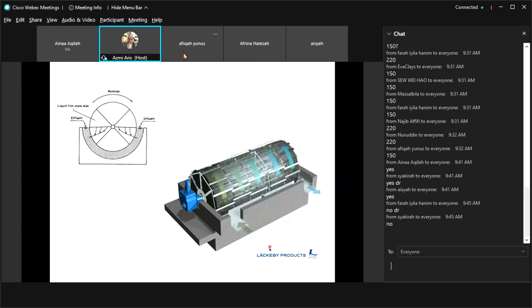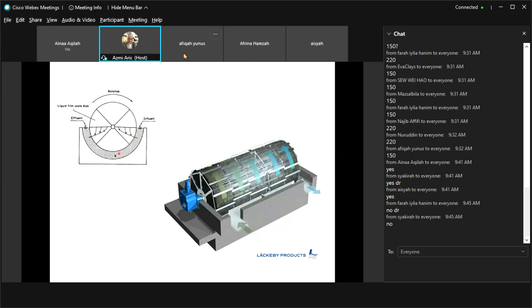So if you can see here, this is the influent, and this is the wastewater. As it rotates, some part of the disc will be soaked or immersed in the wastewater, some will be exposed to the air. So some part will be immersed, some part will be exposed, some part will be immersed, some part will be exposed.